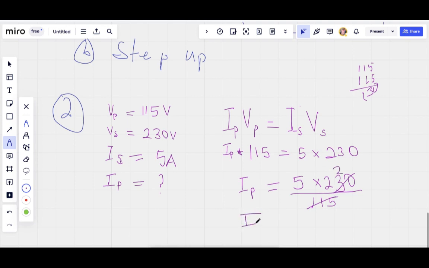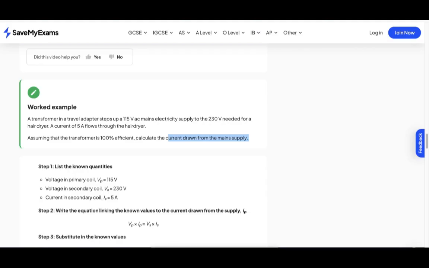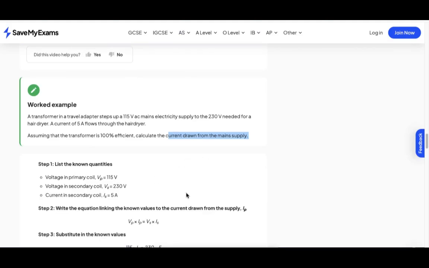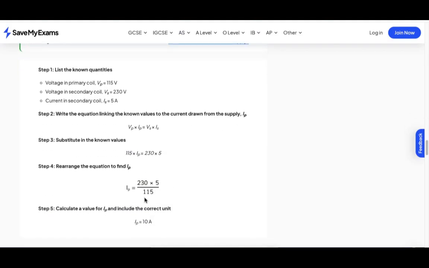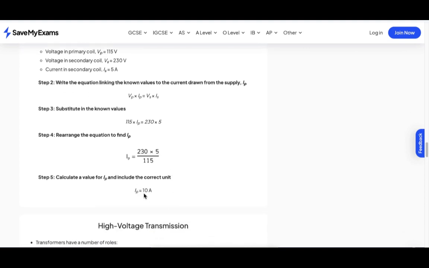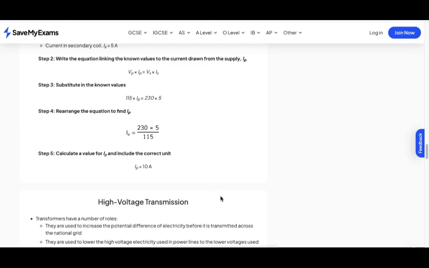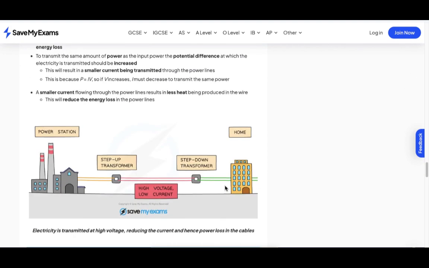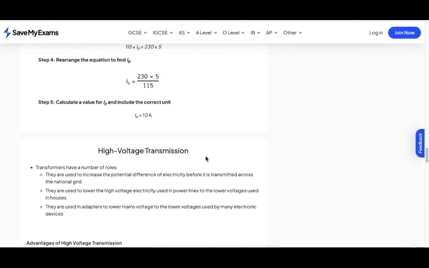We get our IP, the current in the primary or in the mains, is 10 ampere. That's the current in the primary side. You see? 230 times 5 divided by 115, you get 10 as the current in the mains. Okay? So our next class will be high voltage transmission.